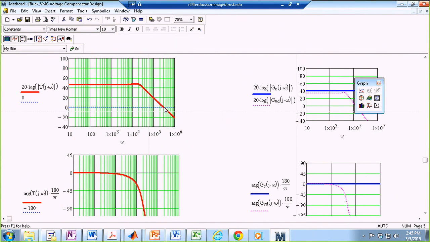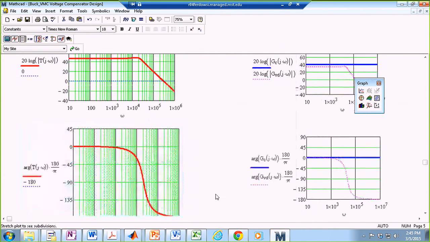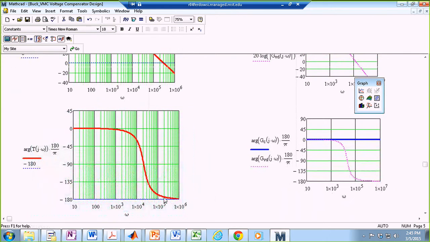Right now it's about 300,000 radians per second. The prediction is the system is supposed to be stable, but the phase margin is very, very small. It's like we are on the boundary of being stable and not being stable. That's why we see that chaotic behavior in the output voltage. The output voltage was very noisy.